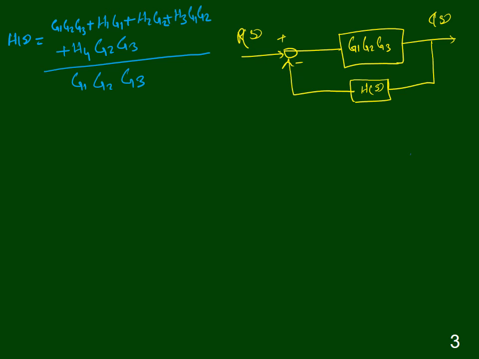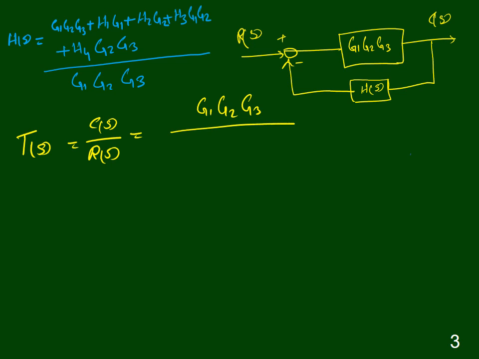Now the transfer function of the closed loop, G of S or T of S, will be equal to C of S upon R of S is equal to G1 G2 G3 divided by 1 plus H into G1 G2 G3, inserting in this equation all the values.